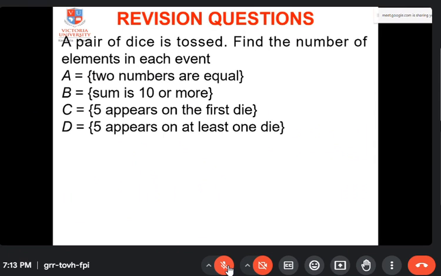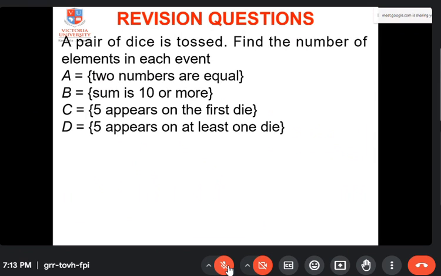Yes. 2, 2. 3, 3. 4, 4. 5, 5. Then 6, 6. Very good. How many are they? 6 pairs. 6 points. Okay.